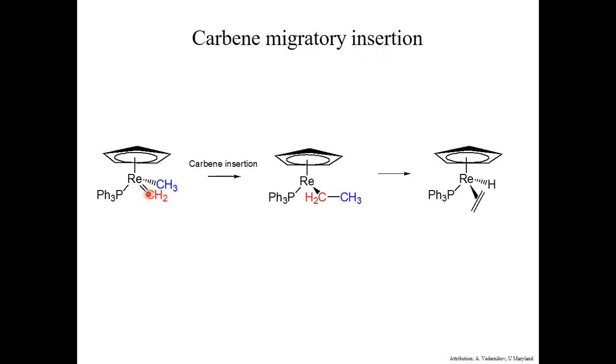That carbene fragment can now insert into, for instance, an alkyl group, and that makes the alkyl group longer. This alkyl group can then, under circumstances, undergo beta-hydride elimination and produce the olefin here. So this molecule, again, we would not expect to be very stable because of the possibility of beta-hydride elimination.